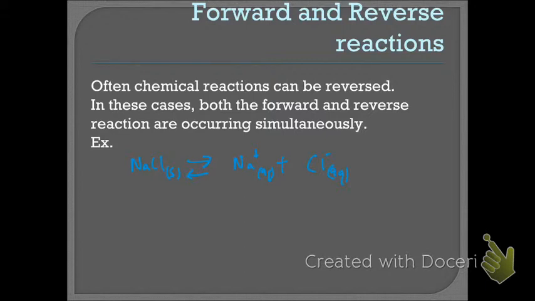So what happens is you actually have a forward reaction. The forward reaction here I'll put in red, going this way. So you have sodium chloride dissolving into ions, but you actually have the reverse reaction occurring too, where once dissolved, some of them kind of revert back to the solid form.